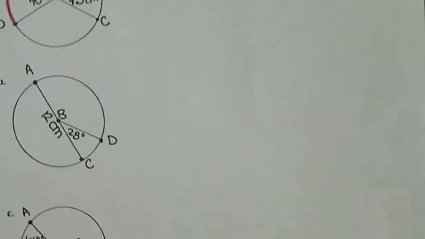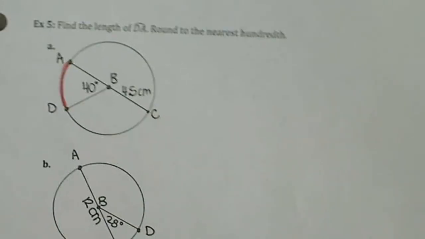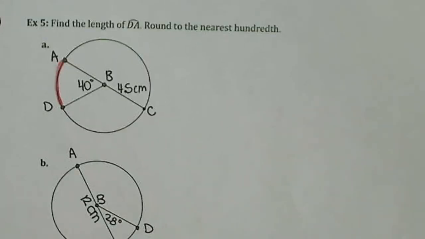Let's use that formula over here in example 5. In example 5, I want to find arc AD or DA, and I highlighted it on the first one. Now the measure is 40 degrees, but I don't want to know the measure. I want to find the actual length. How long is it?